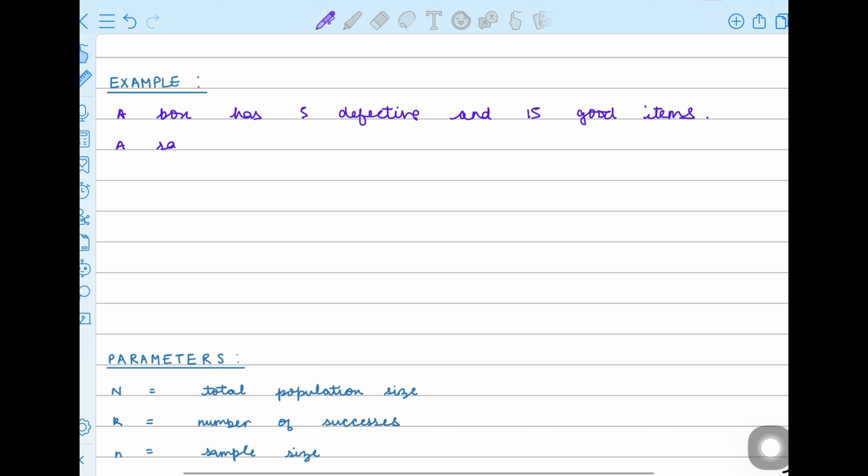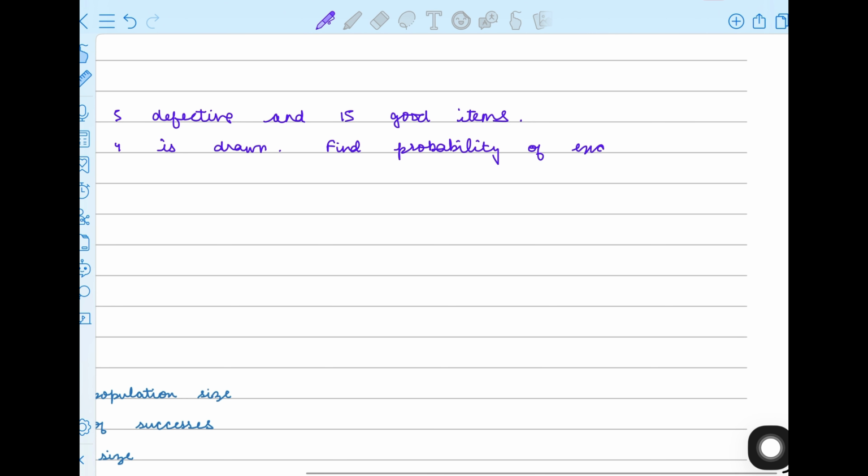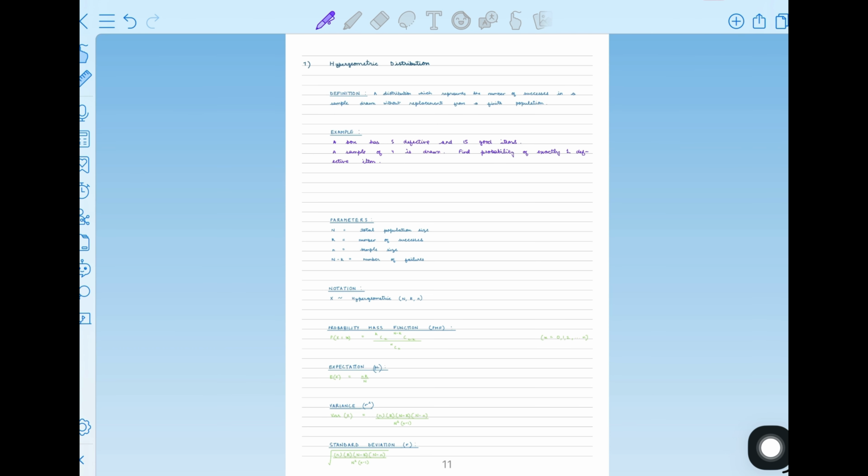A sample of 4 is drawn. Find the probability of exactly 1 defective item.